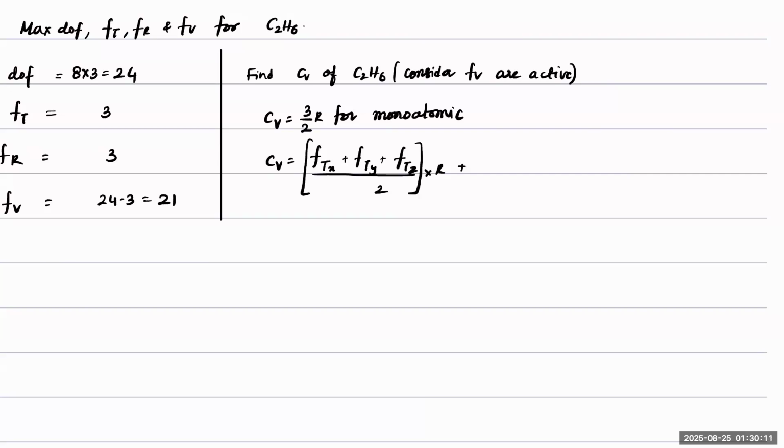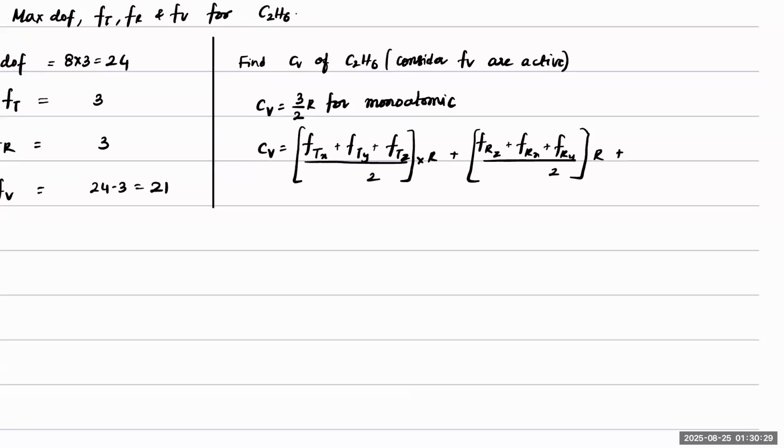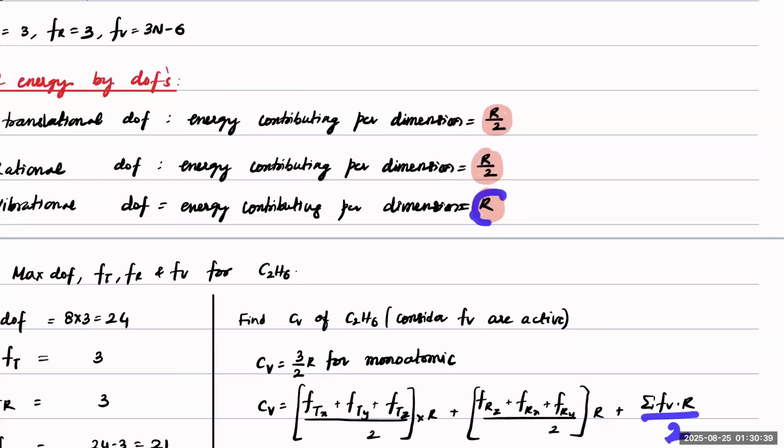Plus rotation in Z axis, rotation in X axis, rotation in Y axis, times R by 2. This is another contribution. Plus remaining all are vibrational, so summation of all the vibrational into R. Why not by 2? Because I told you that the contribution for vibration is only R and not R by 2.